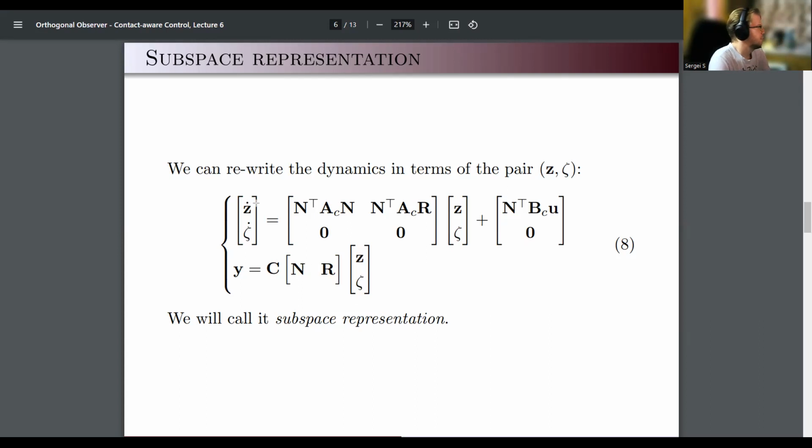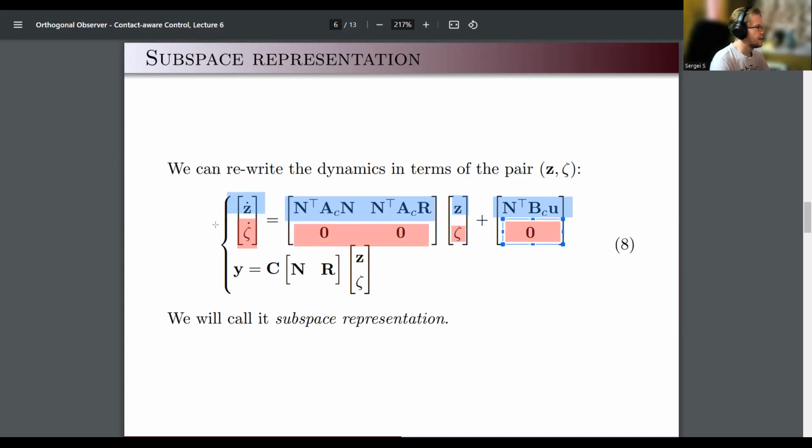Otherwise quite simple. Why do I call it subspace representation? Because basically it is the same as before, same as x, but we broke it into two individual subspaces. There is a z subspace which has motion in it, z moves around. And then there is a static zeta component, which does not have any motion in it.